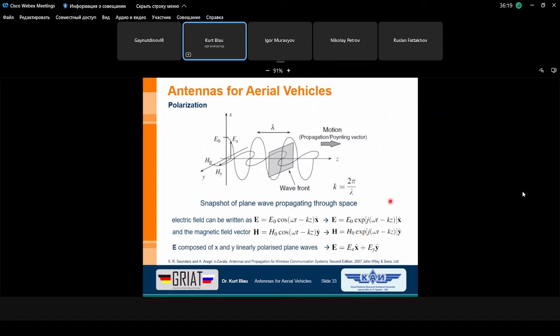Or in other words, if you look at this propagation sketch, looking at the E field and at the H field, both field components have perpendicular components as well.